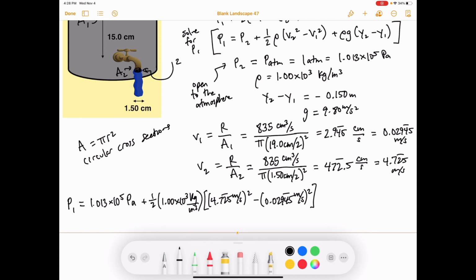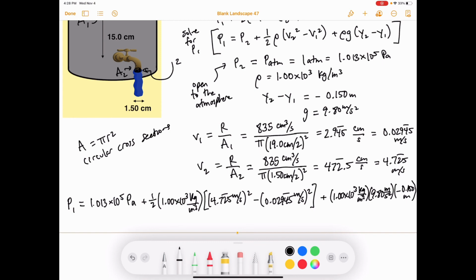And then I have plus rho, which again is 1.00 times 10 to the 3 kilograms per cubic meter, multiplied by 9.8 meters per second squared, and then multiplied by y2 minus y1, which is negative 0.150 meters. So my writing got a little small, but that's what everything looks like when we plug it in.